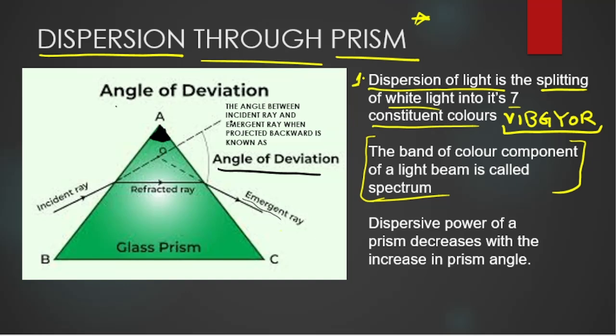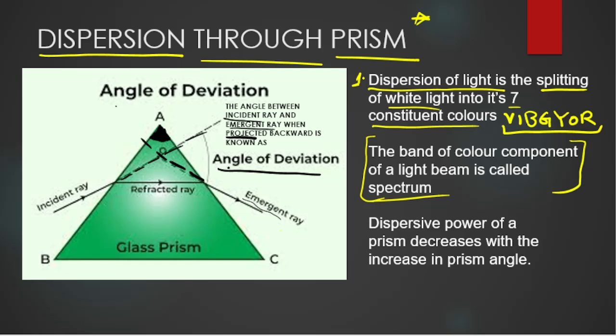The angle between incident ray and emergent ray when projected backwards is known as angle of deviation. So angle between incident ray को पीछे करो, project, right, projected back. Incident ray और emergent ray को project back करो, ये रहा emergent ray, इसको भी पीछे करो.